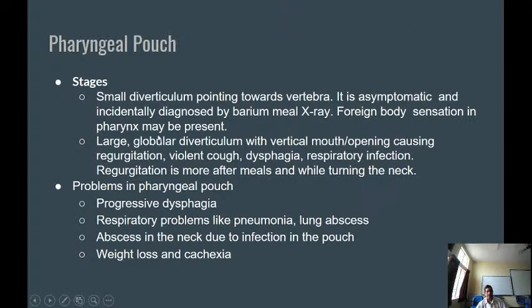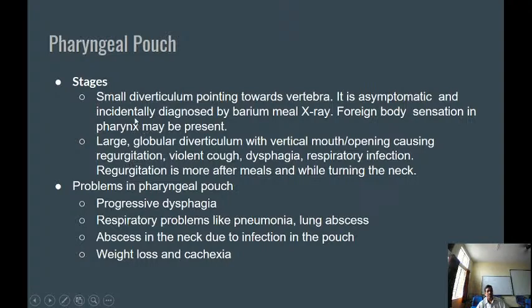And when there is infection or obstruction of the opening of this pharyngeal pouch, the diverticulum into the laryngopharynx or the esophagus, the food gets accumulated there and gives rise to infections and pain.